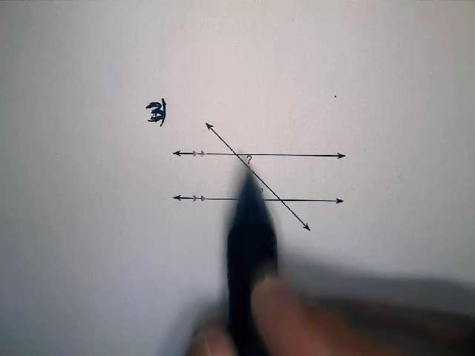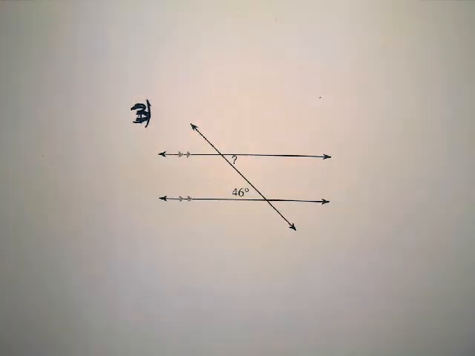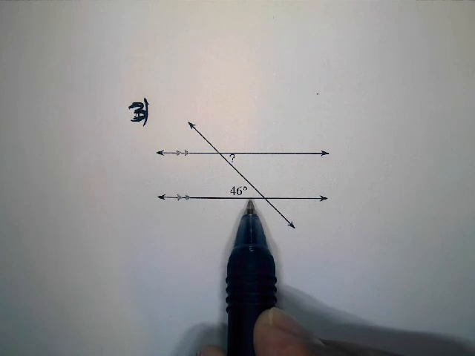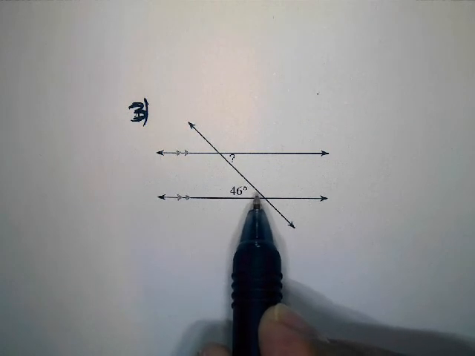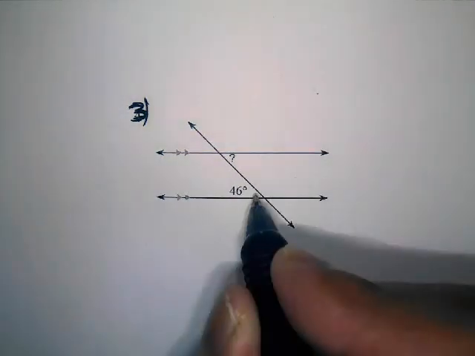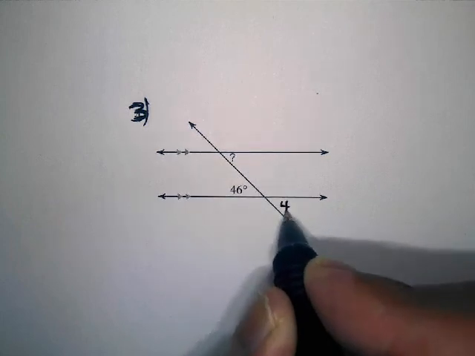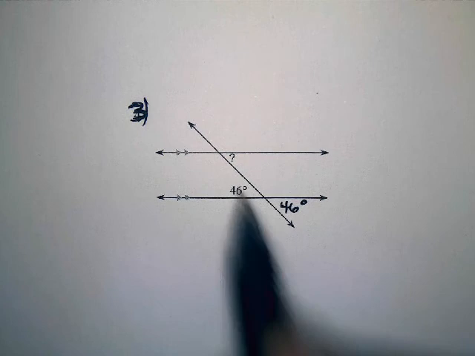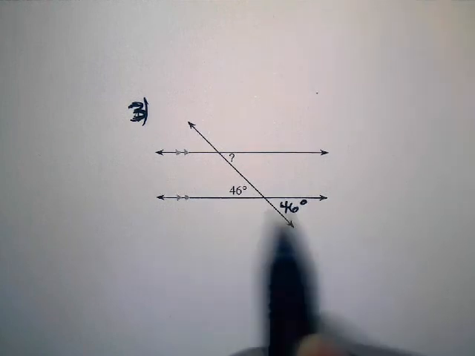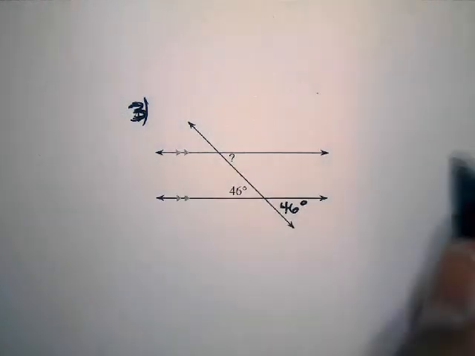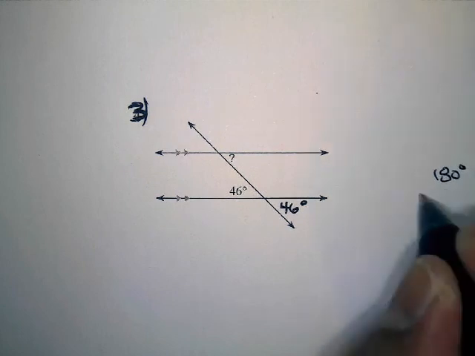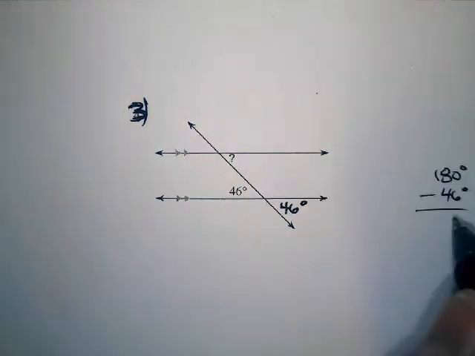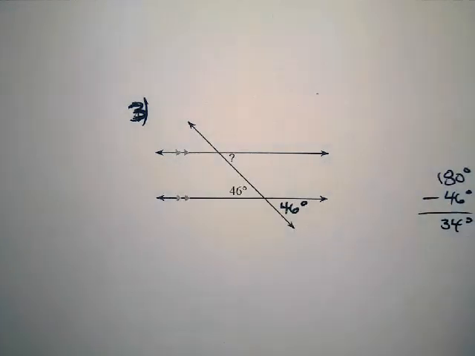All right. See, they give you one here and they're asking you for one way over here, and it's like, I don't know what it is. Again, don't worry about the one they're asking you for. If you didn't pause it and copy it, make sure you pause it and copy it. This is 46 and these two are vertical, so this one's also 46. And then I know these two add up to 180, or these two add up to 180. What is 180 minus 46?